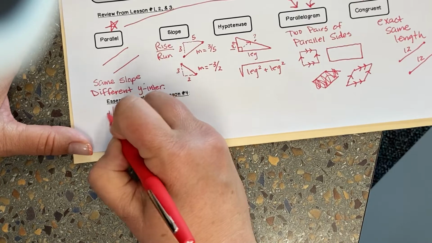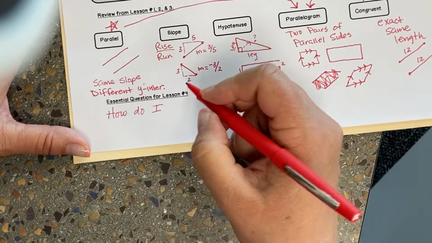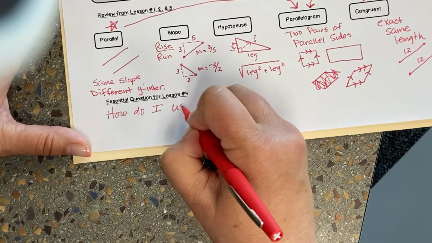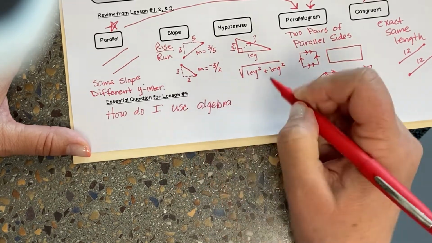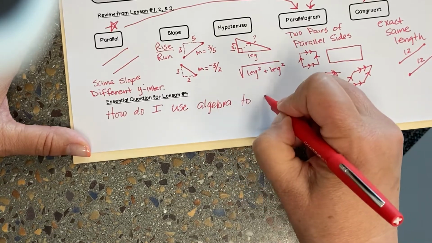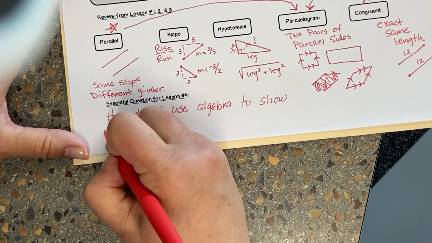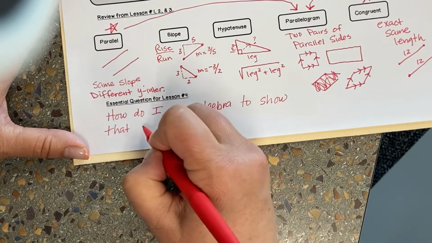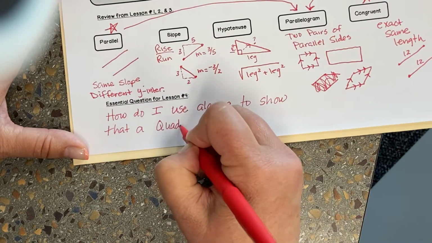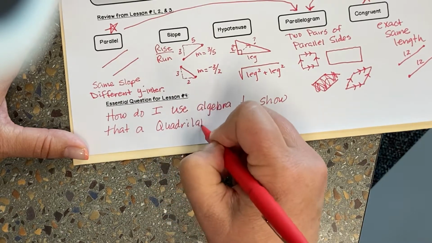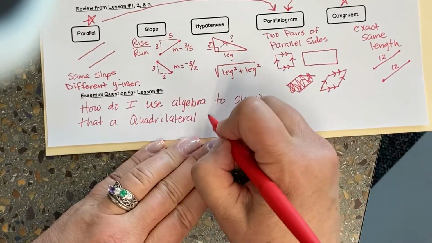How do I use algebra to show that a quadrilateral is a parallelogram?